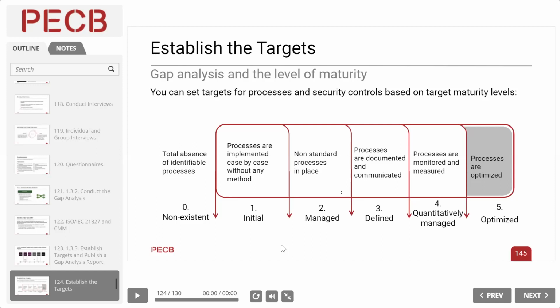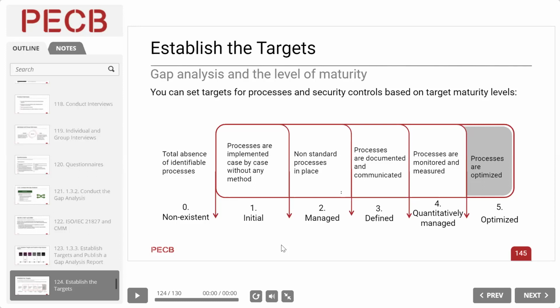When processes are documented and communicated, that is defined. And that is a key initial target. The next level is processes are monitored and measured.